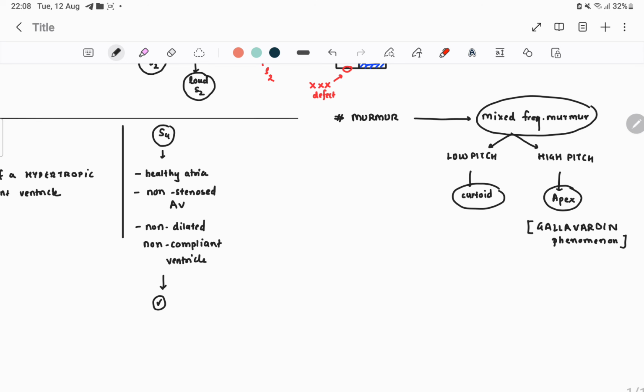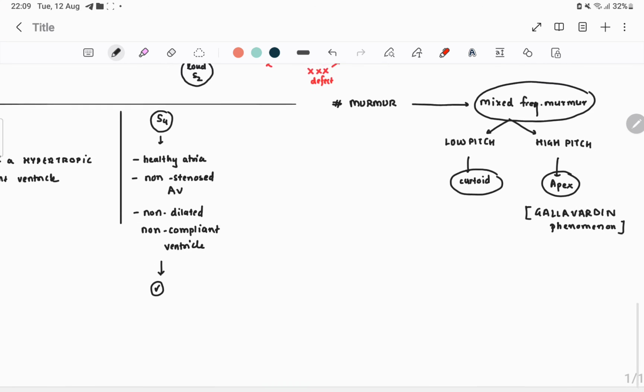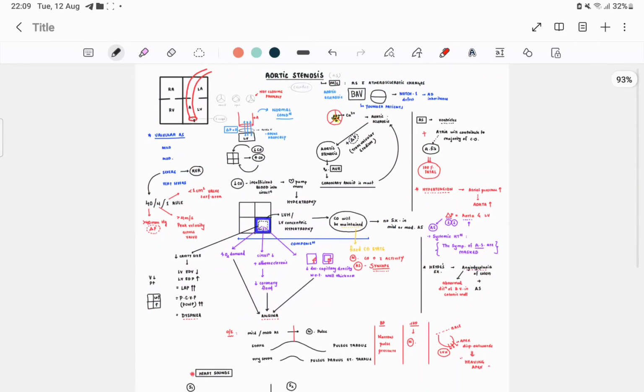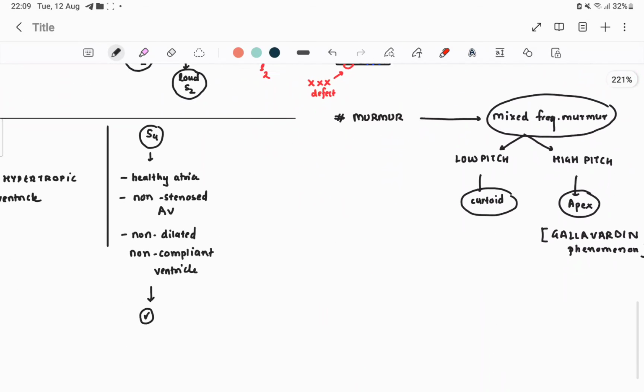Let's talk about the other investigations, that is ECG, X-ray and echo. Talking about the ECG, I am assuming that you have an idea of the ECG.